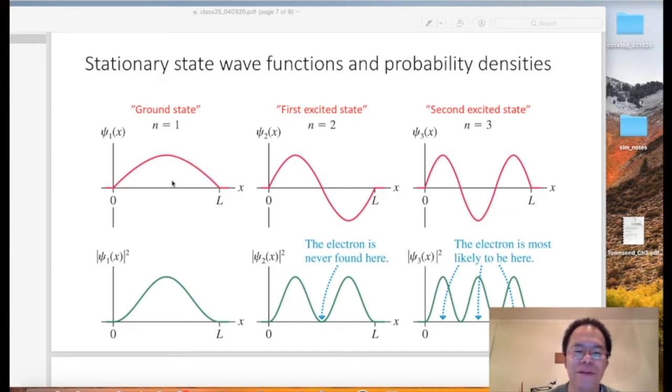And from the wave functions we can also plot the probability density, which is what we've got down here. Again, we will say a little bit more about the physical implications of these graphs next time, but I do want to point out, at least for the wave functions, the resemblance to what you've seen for standing waves on a string in Physics 217. This is really quite analogous to that.